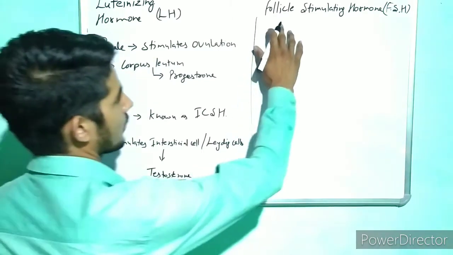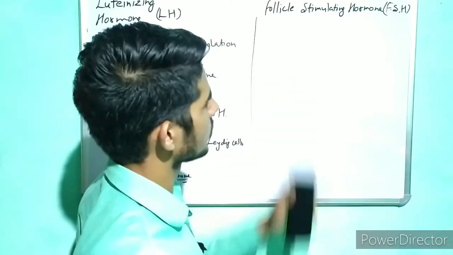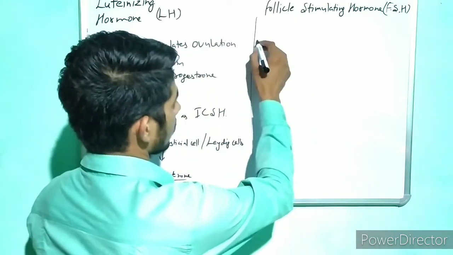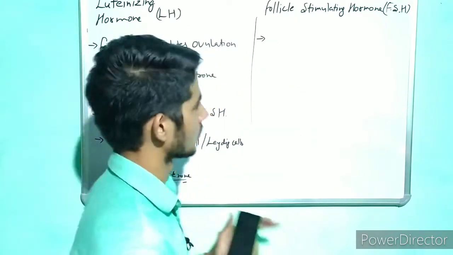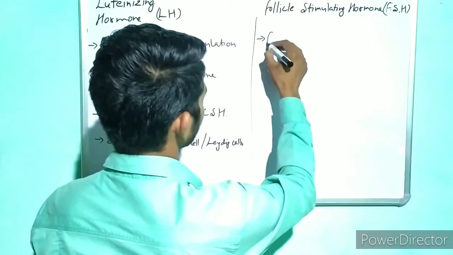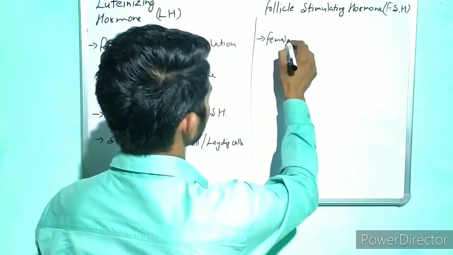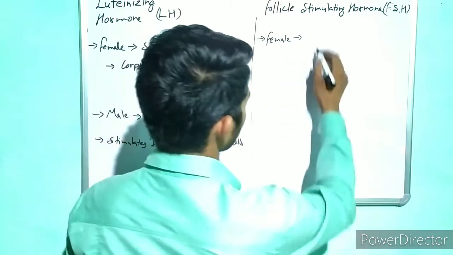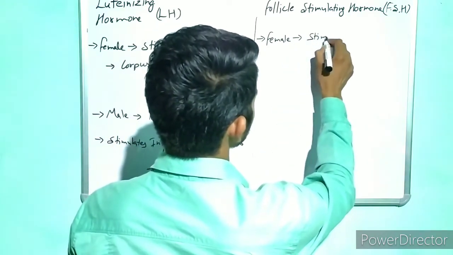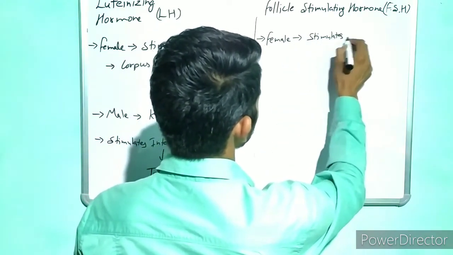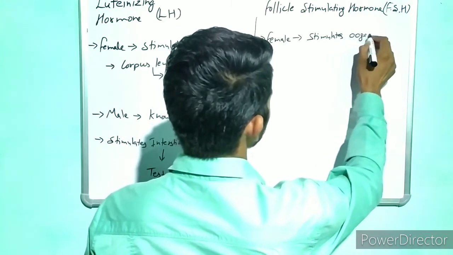And now FSH means follicle stimulating hormone. It stimulates the follicle. In females, it stimulates oogenesis.